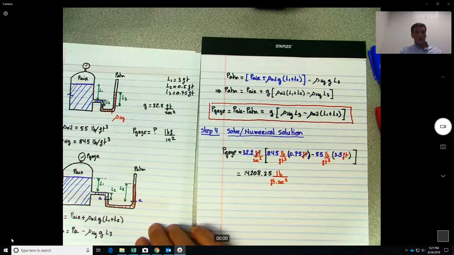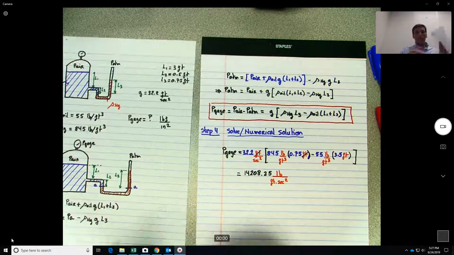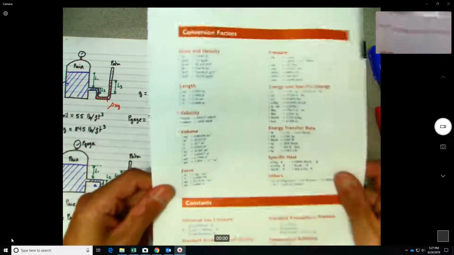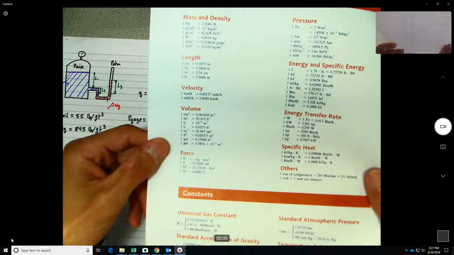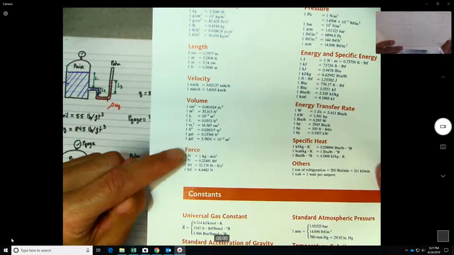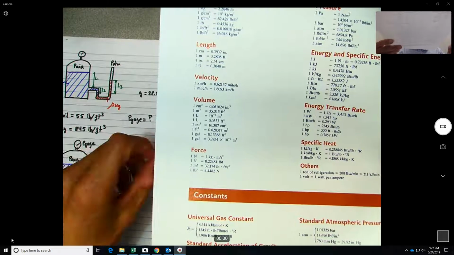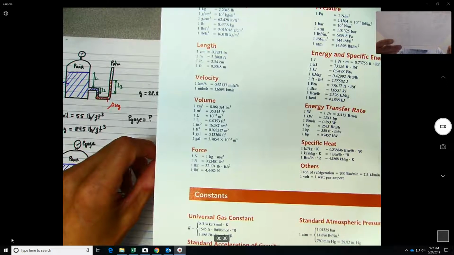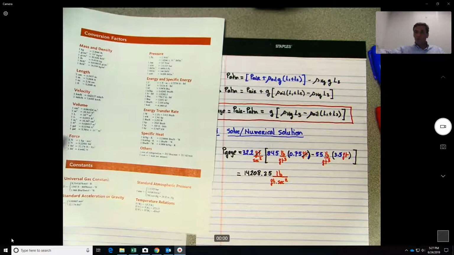So over here is where it comes handy to have one of these unit transformation pages. Might not be too clear, but I found this one online. Basically it gives you some transformations, and here we look at the force. It's telling you that 1 pound force is equal to 32.174 pounds per foot divided by second square. Okay, so that's the unit transformation we're going to use.